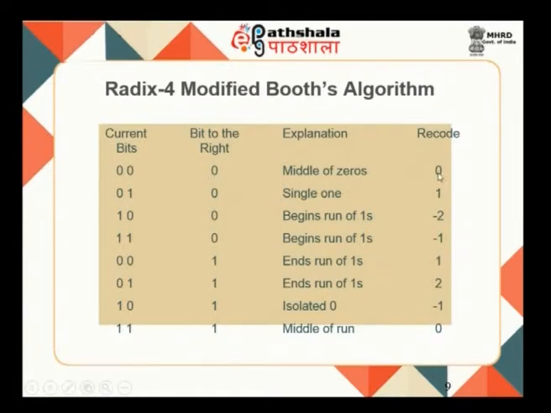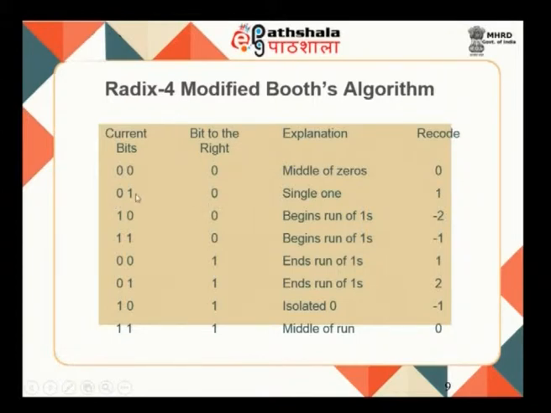So, the recoded value is just zero, which will happen when you have a sequence of zeros. Now, when you have something like 0 1 0, you look at a 0 to 1 transition and a 1 to 0 transition. A 0 to 1 transition is coded as a negative operation, and a 1 to 0 transition is coded as a positive operation.